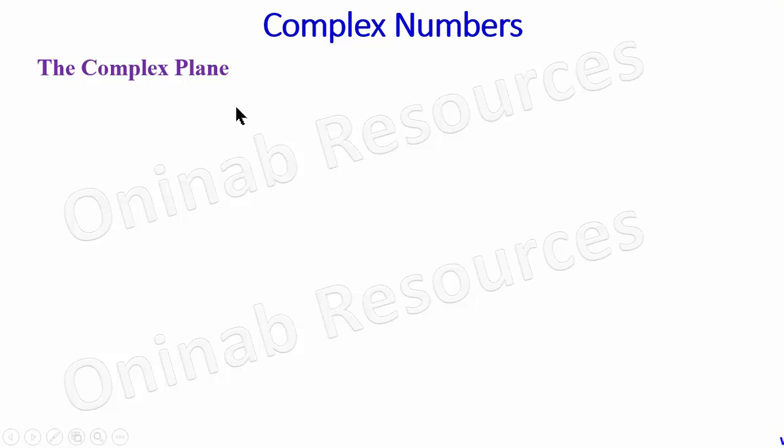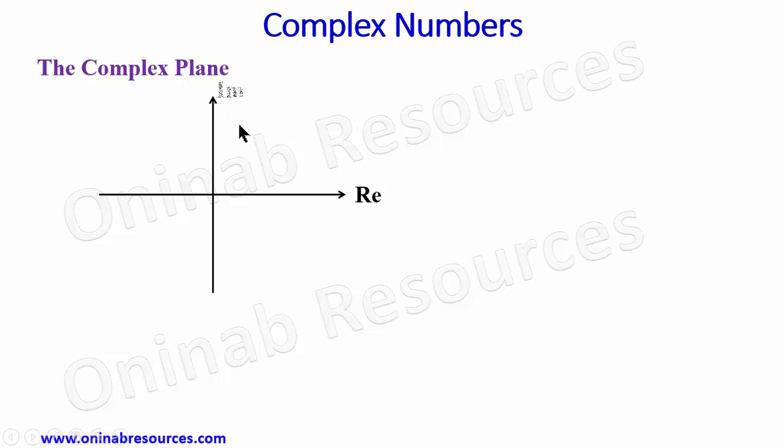For the complex plane, we know our Cartesian plane is a plane of x and y axis. So in the complex plane, the horizontal axis is going to be the real axis, while the vertical axis is the imaginary axis. So here, their intersection will still remain the origin.